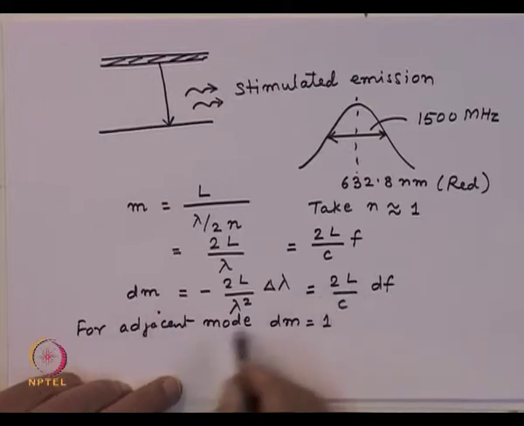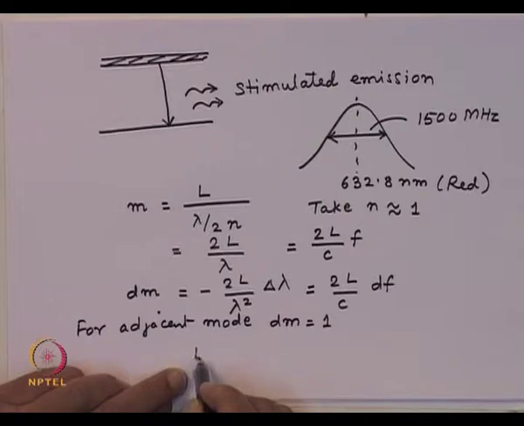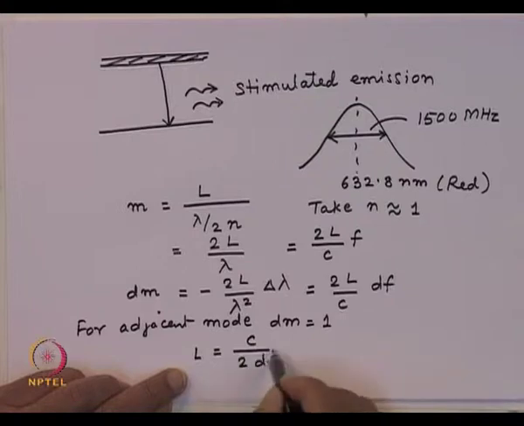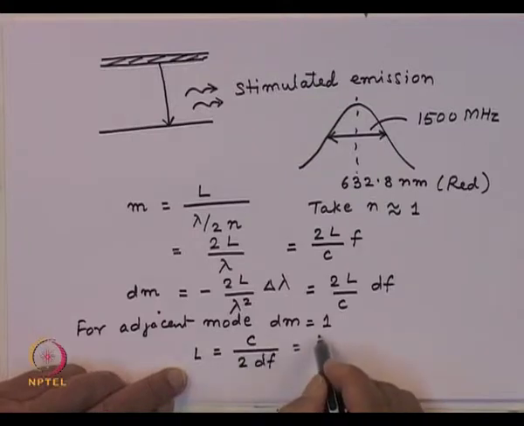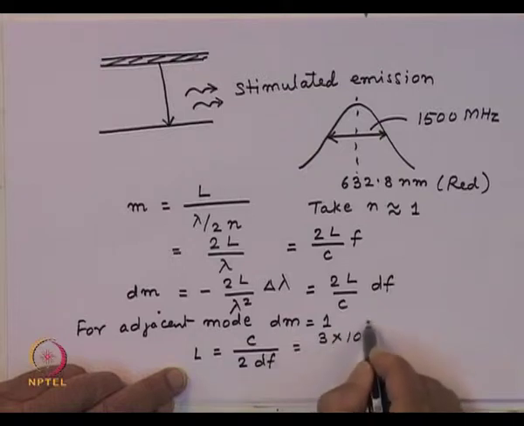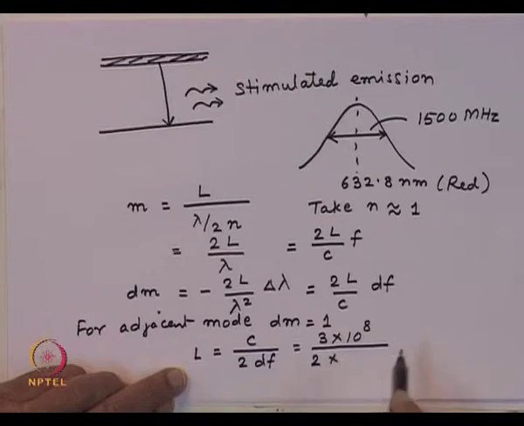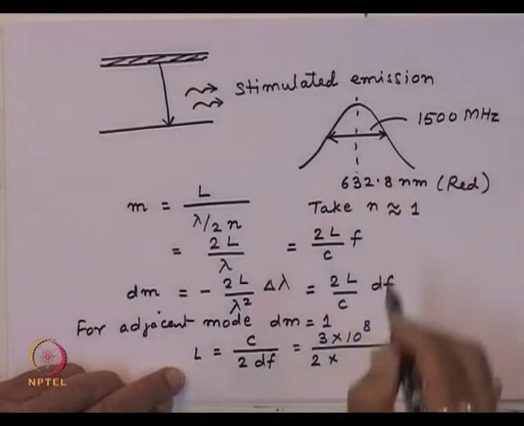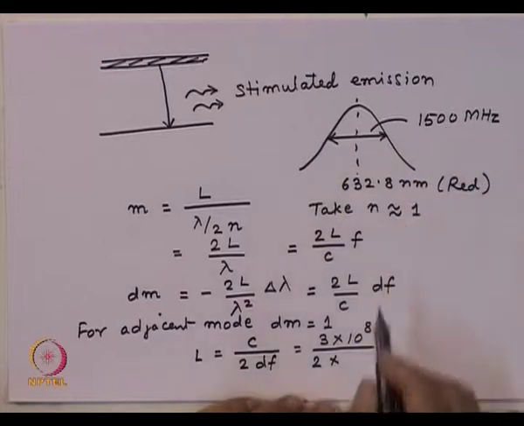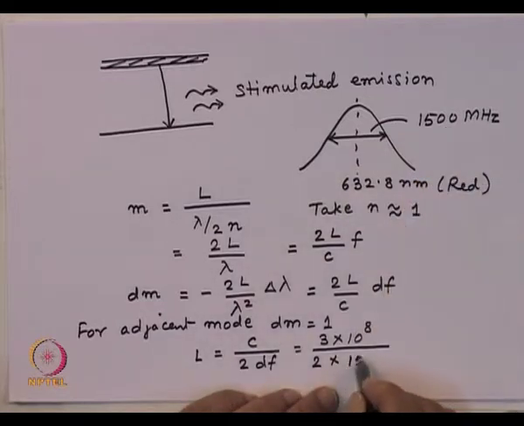So, you will get from here L, which is C divided by 2 df, which is equal to 3 into 10 to the power 8, the velocity of light, divided by 2 into the transition bandwidth, which is 1500 multiplied by 10 to the power 6 for megahertz, and meters.